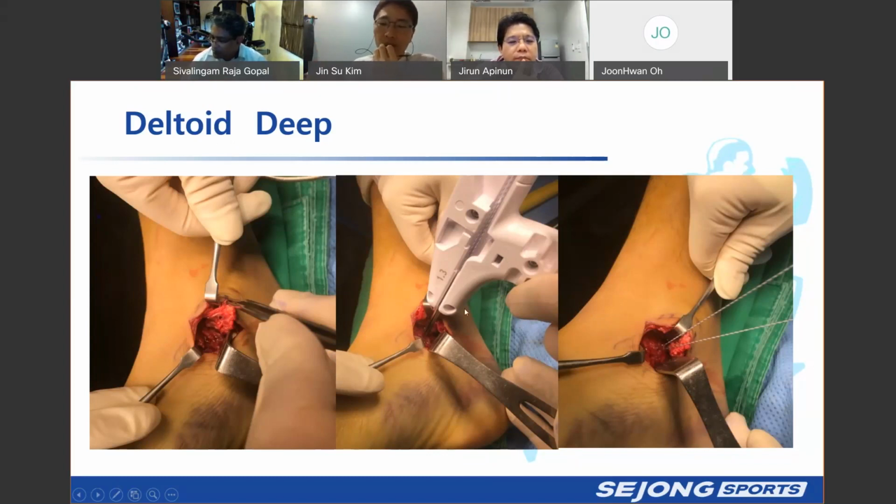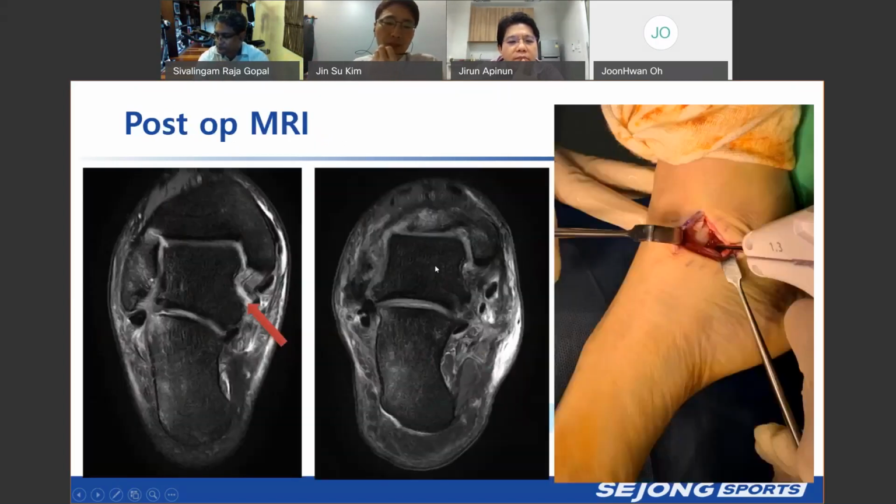We distract the talar neck, fix the suture, and repair. It's the deep deltoid, torn from the talar side, and repaired. So it is a little bit dangerous. You should avoid subtalar joint damage.